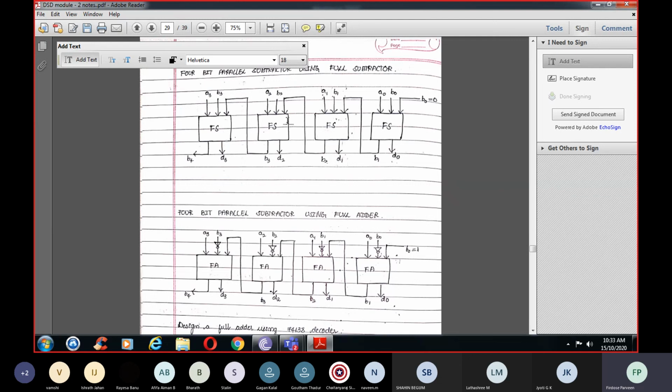So using 4-bit parallel subtractor using full adder, as you will be having a NOT gate over there. So it is in this way. This is full subtractor. This is 4-bit parallel subtractor using full adder.